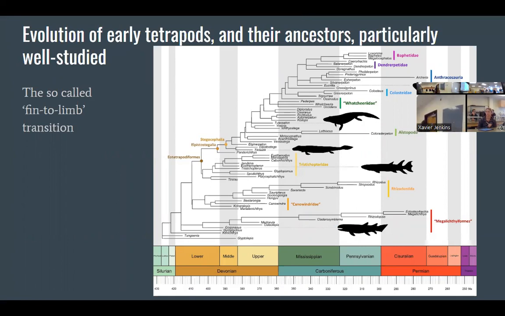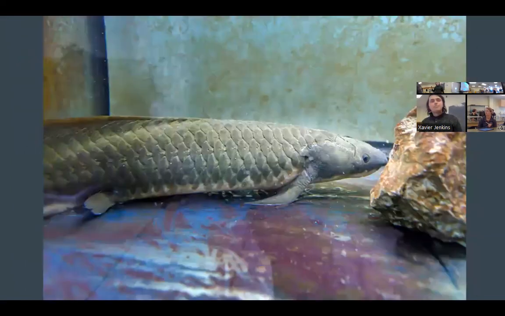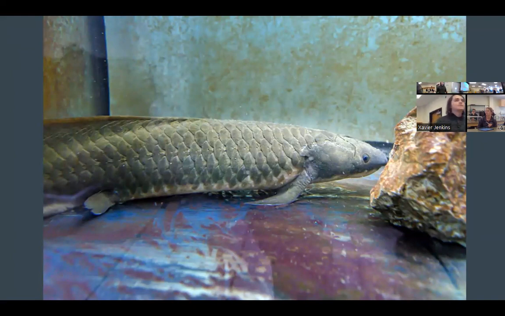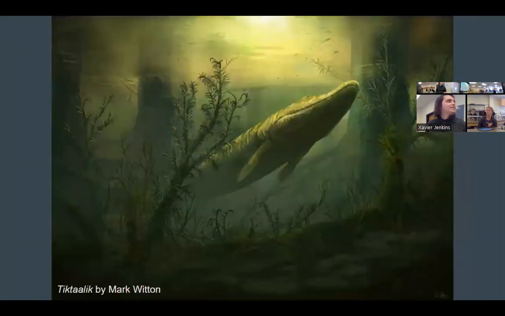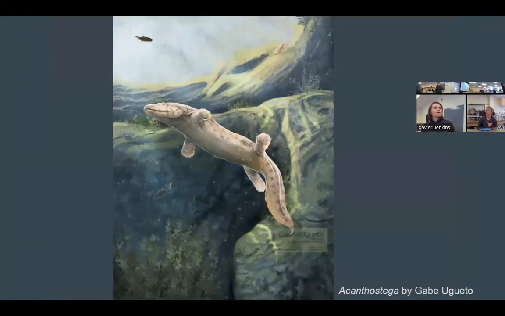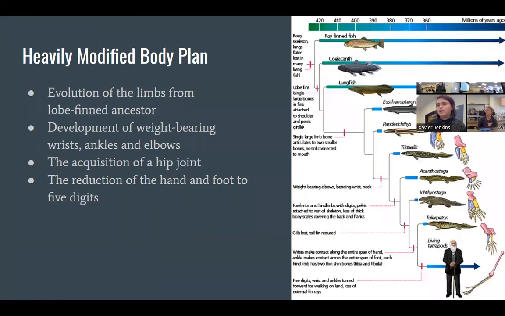And in part because there are living representatives of Sarcopterygians, or fish that have 4 lobed fins, like lungfish here, as well as an abundance of a fossil record from a lot of transitional taxa. And I just showed you guys some paleo art here of the so-called fin to limb transition. And there are quite a bit of fossils in the Carboniferous and Devonian documenting this.